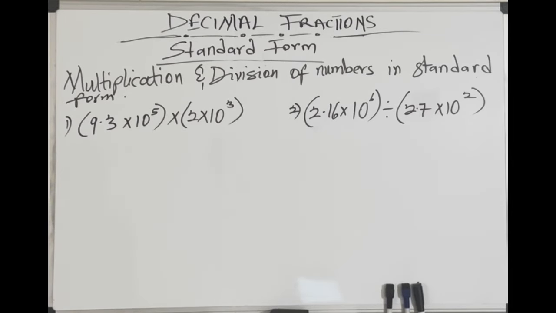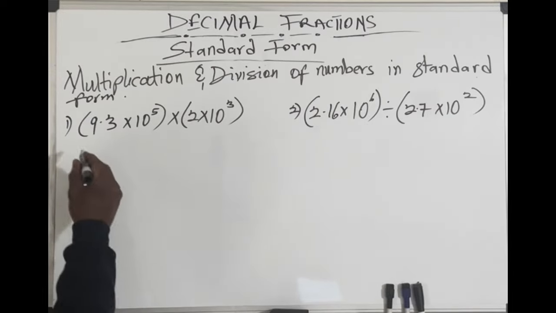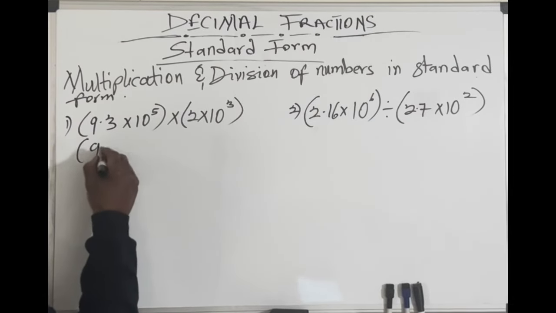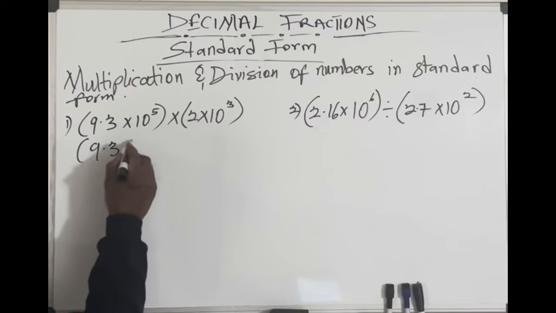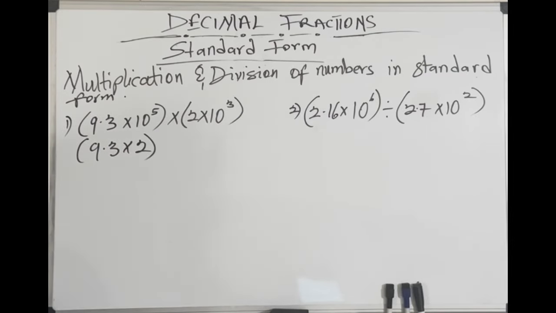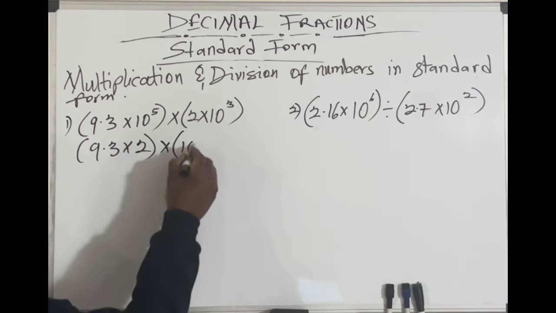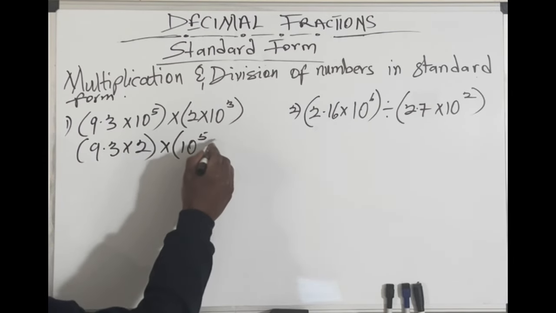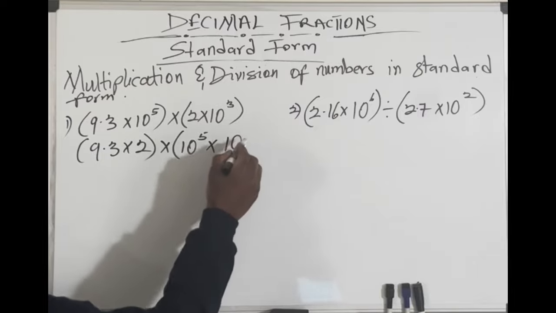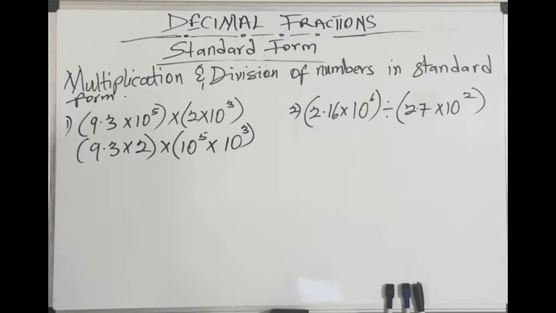So we'll separate the decimal number 9.3 and the 2 from the powers, times 10 raised to the power 3. And then 9.3 times 2 will give us 18.6.